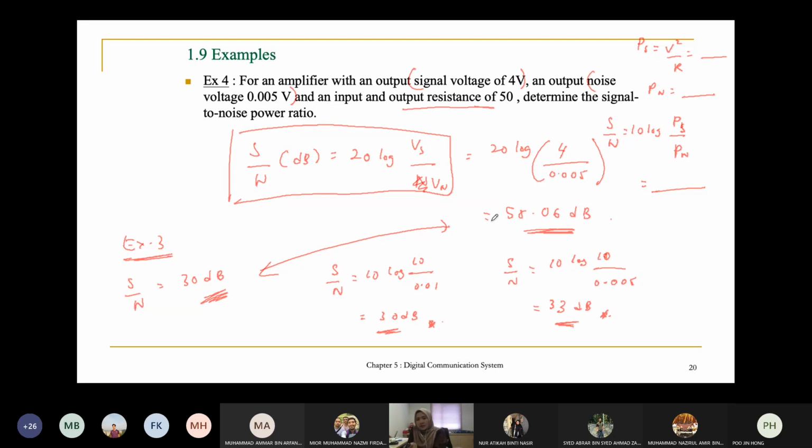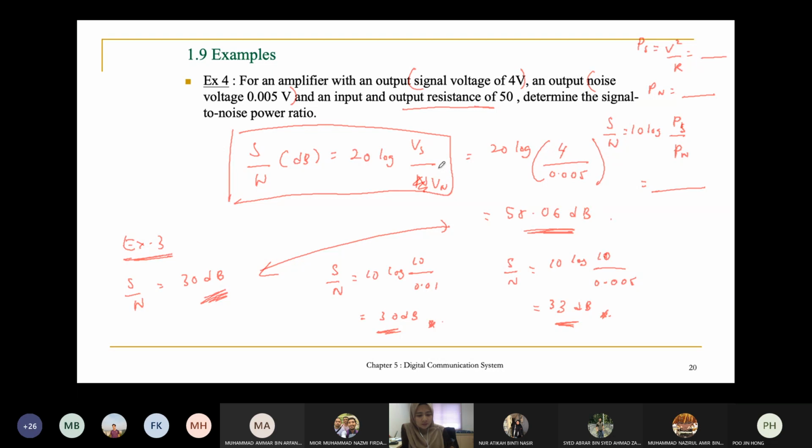Sebab tu dia bagi value untuk resistor 50. Tapi yang ni saya directly guna rumus 20 log Vs over Vn. Faham eh? Adakah menjawab soalan awak? Okay, menjawab.